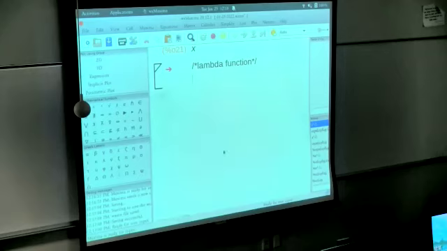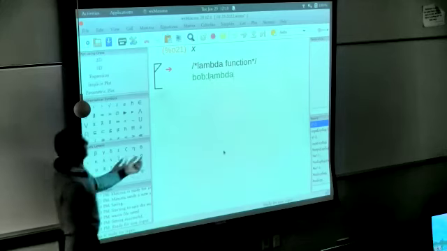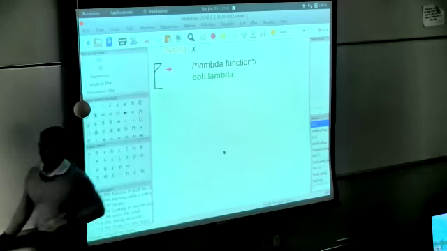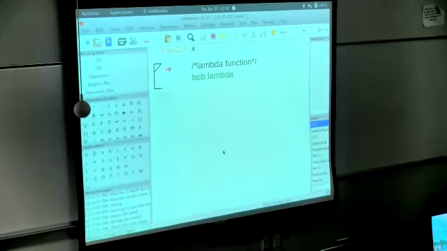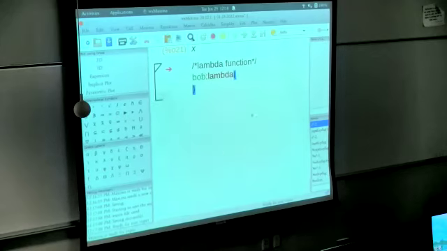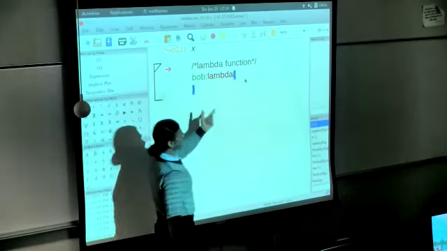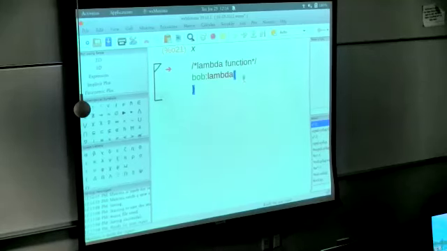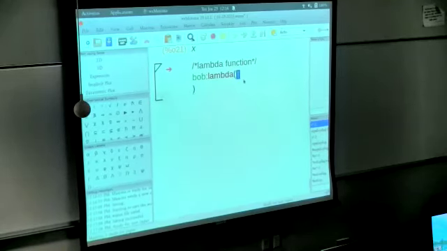So I'll give it a name, I'll call it Bob. So we define it, Bob, colon, lambda, because in Maxima, any definition, we say it using a colon. And the first argument that you pass to a lambda function would be a list of variables that we need to define.